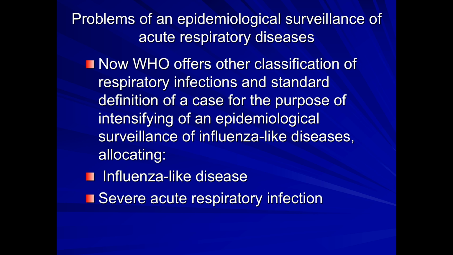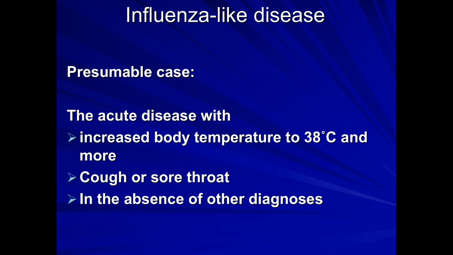Problems of epidemiological surveillance of acute respiratory diseases, influenza-like diseases. Presumable case: the acute disease with increased body temperature of 38 and more, cold or sore throat in the absence of other diagnosis.